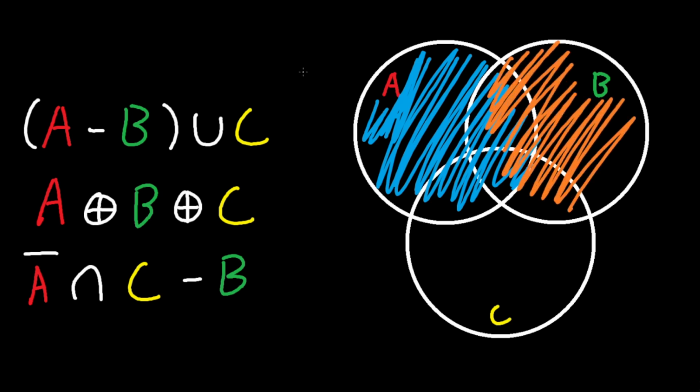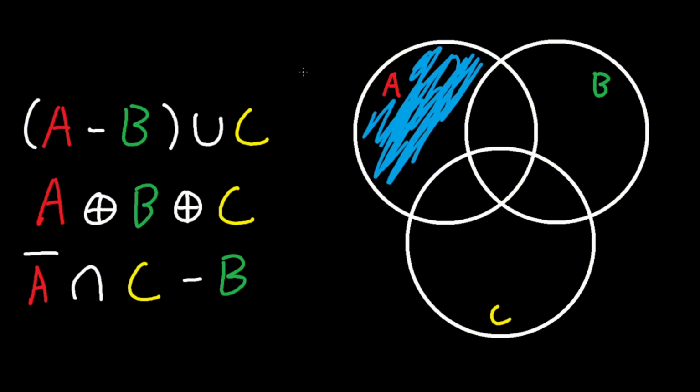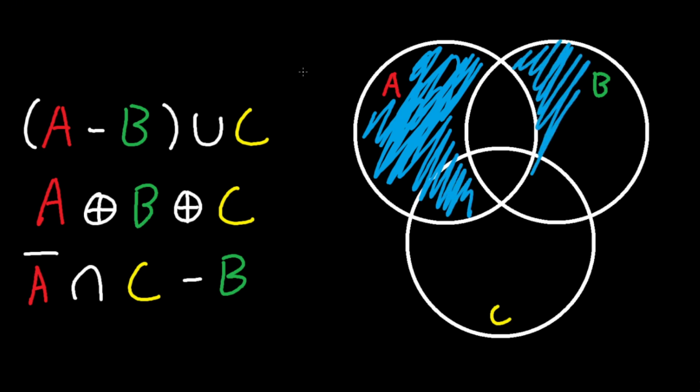Now remember, for the symmetric difference, we only remove the shaded parts that overlap. So what overlaps here? This portion right here. So let's fill everything but this portion. Do not fill out the little centerpiece, like so.